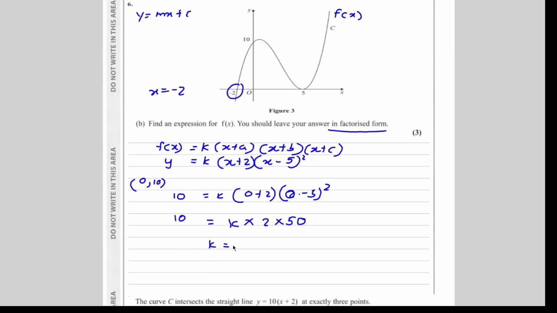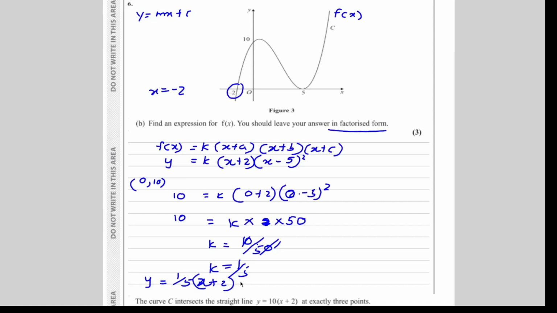Then k equals 10 over 50, which is 1 over 5. Then we can finalize our equation as y equals 1 over 5 times (x plus 2) times (x minus 5) squared. So this is part B.